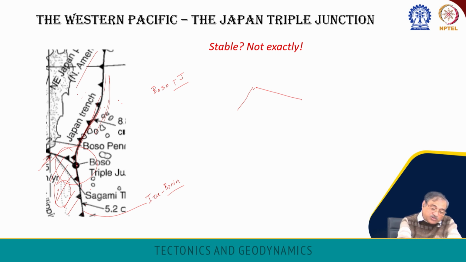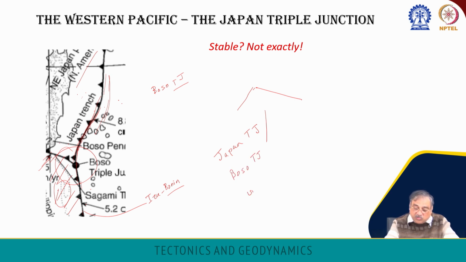However, once it was discovered more precisely that the Japan Trench and the Izu-Bonin Trench are not exactly collinear, it's now considered that this particular junction, the Japan triple junction, or the Boso triple junction, is most likely unstable, and it is desperately trying to evolve into a more stable geometry with time. So all these triple junctions will evolve with time into geometries which are a little more stable.